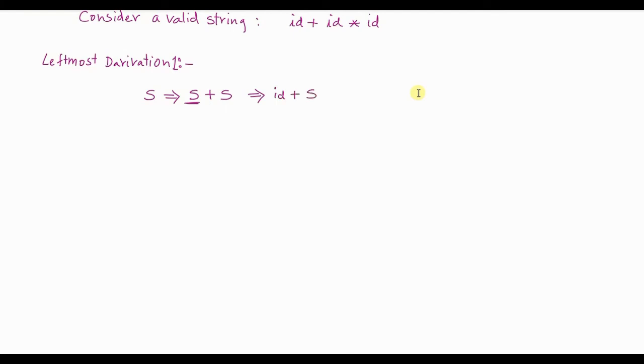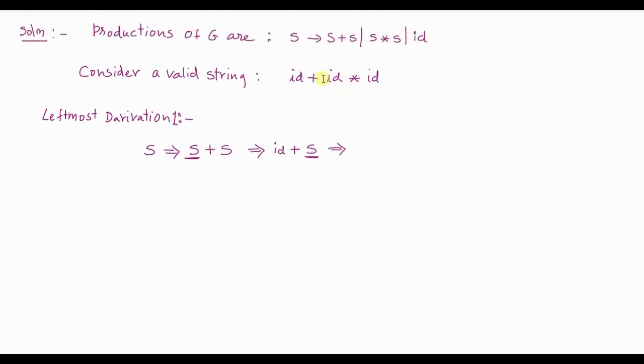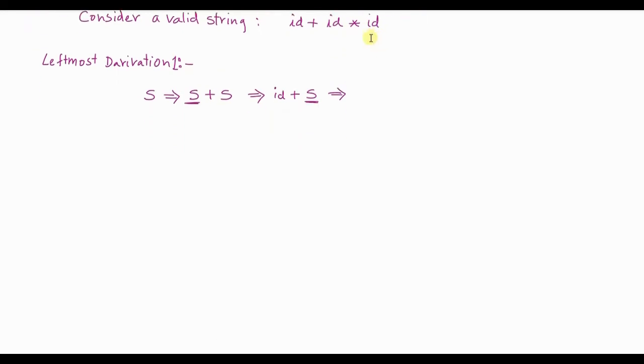plus this S. Now this is the next leftmost element, so what I do, I expand it further because I want ID into ID, so I replace S with S into S. So this will become ID plus S into S. So this is the next leftmost identifier.